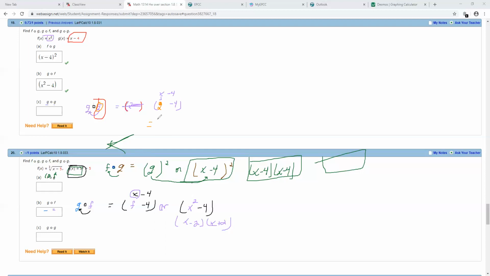And now, we still have this minus 4, but what are we going to put right here instead of G? Well, what is G? X squared minus 4. No, not x squared. What is G? X minus 4, sorry.